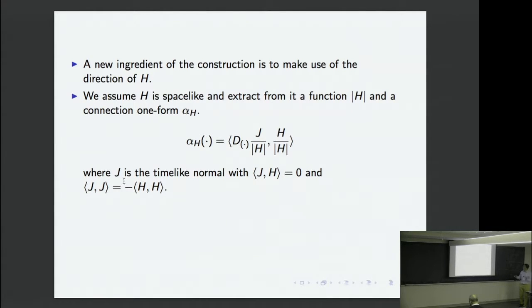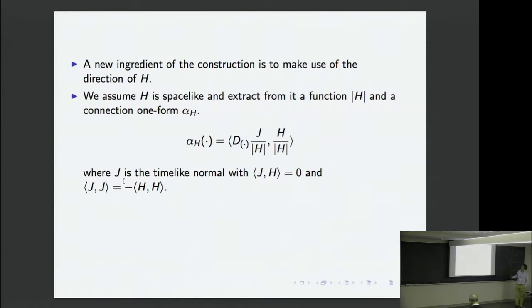This basically means that we are slightly away from the horizon. Then we can define a connection one-form in the following way. Here J is a timelike normal that is perpendicular to your mean curvature vector and has the same norm as H. So it's basically a reflection along the null cone in your normal bundle.